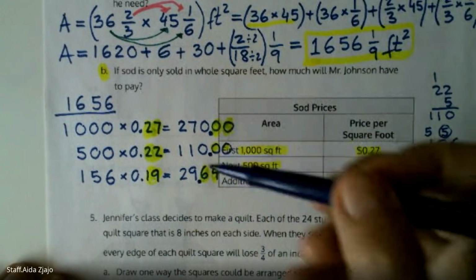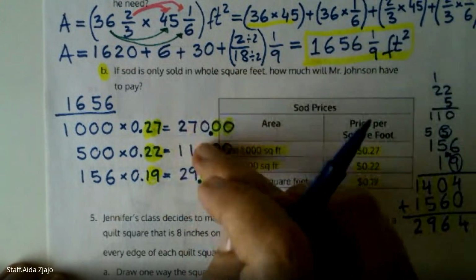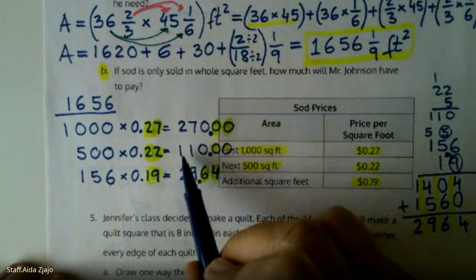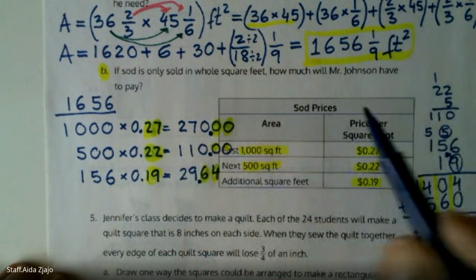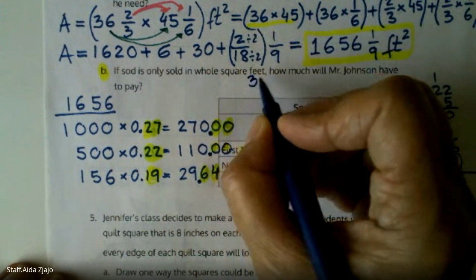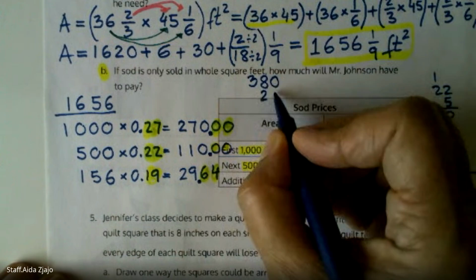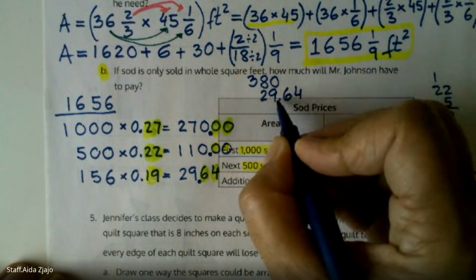I'm going to add these two first because 270 and 110 will make 380, plus 29.64.